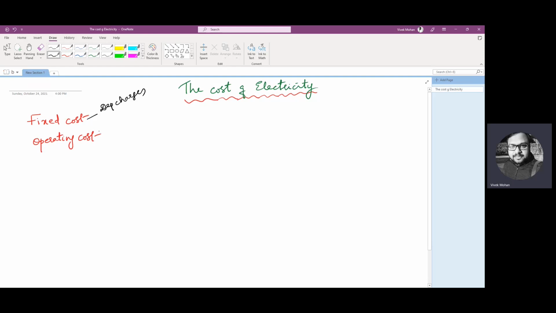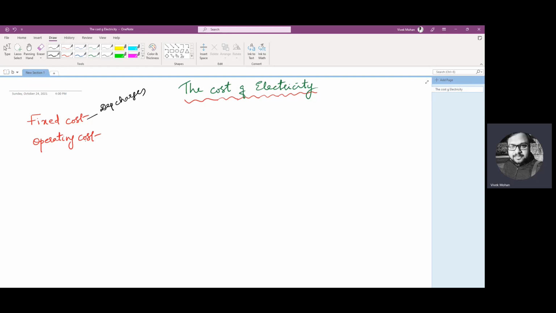Depreciation charges can be against buildings, dams, turbines, generators, circuit breakers, transformers, transmission lines, or any other equipment used in the production, transmission, and distribution of electrical energy.